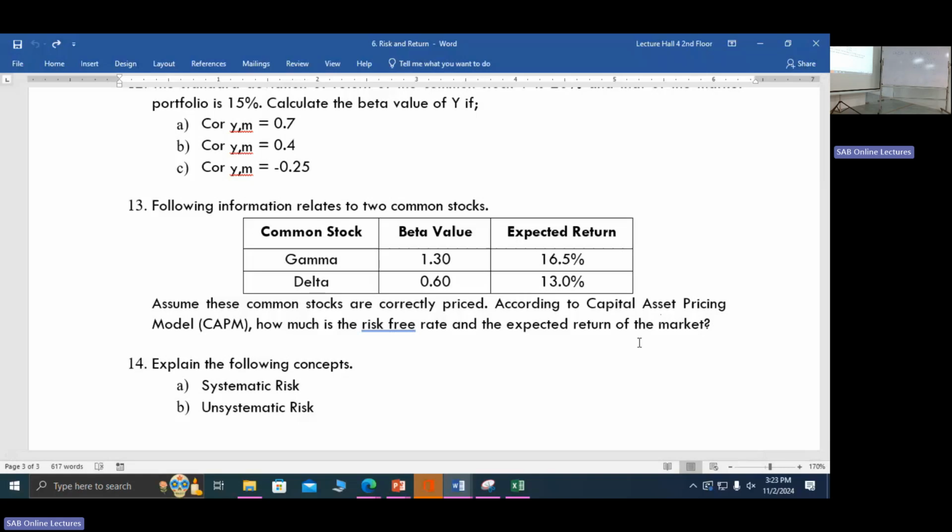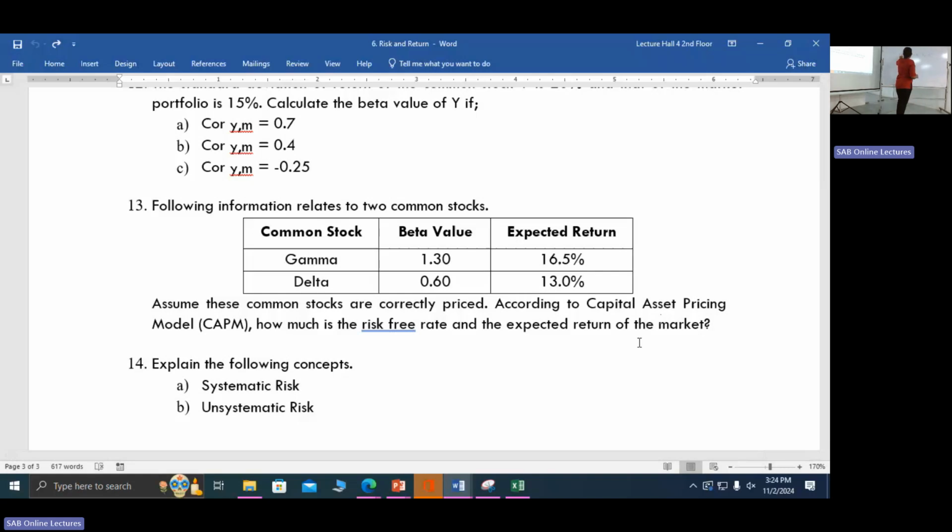How much are the risk-free rate of return and the market return? These two stocks are correctly priced, so according to the CAPM, they are on the security market line. You know that the required rate of return is equal to the risk-free rate of return plus beta coefficient into market return minus risk-free rate.